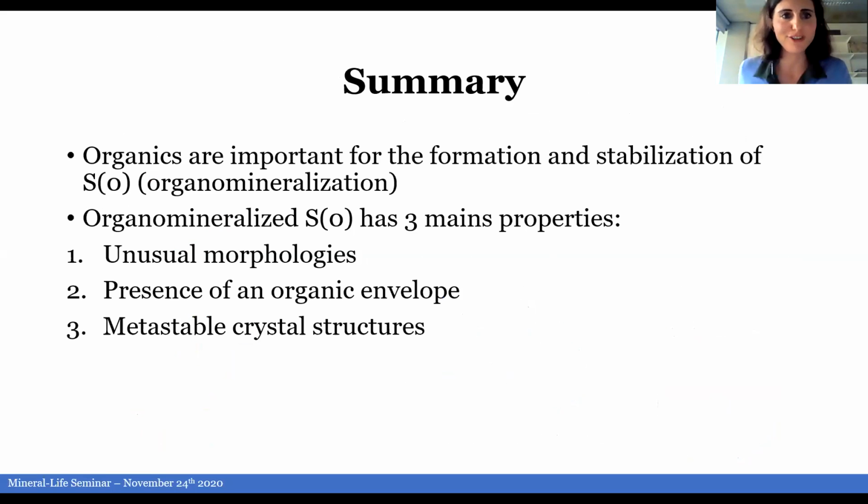Here you have a first summary, just to recapitulate what I've said so far. Organics are important for the formation and stabilization of elemental sulfur. This is what we call organomineralization. And the sulfur that is formed this way has three main properties: unusual morphologies, an organic envelope, and metastable crystal structure.